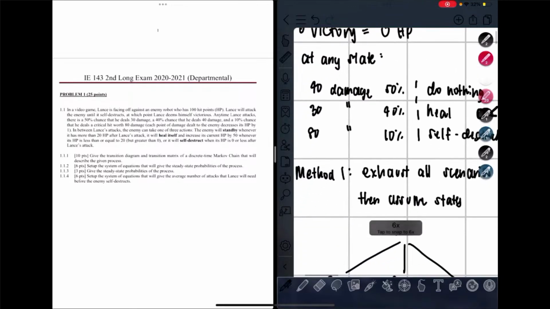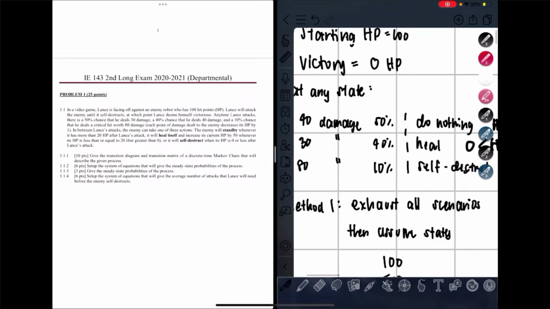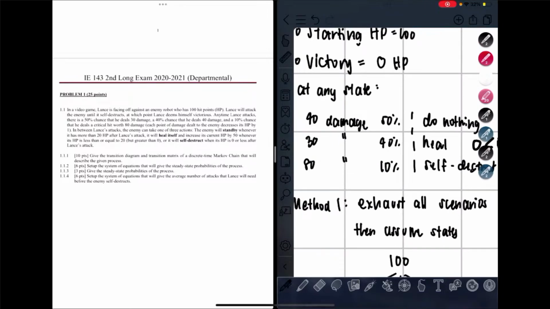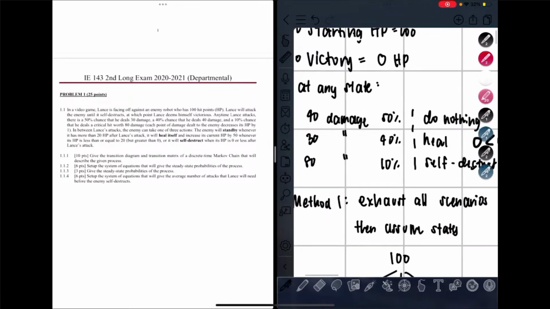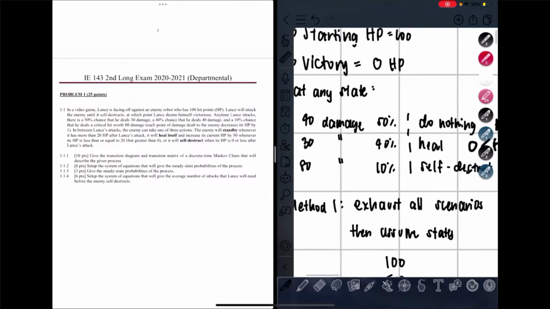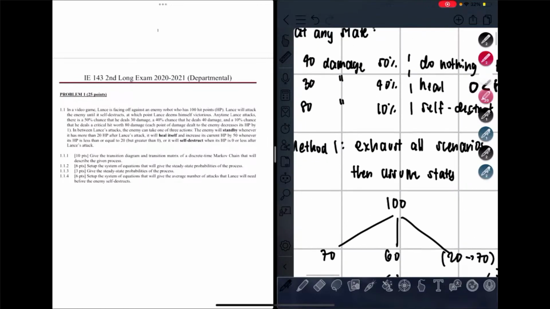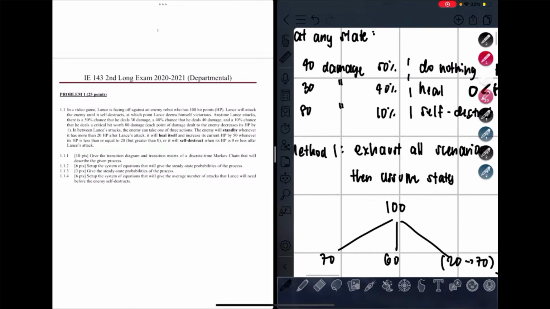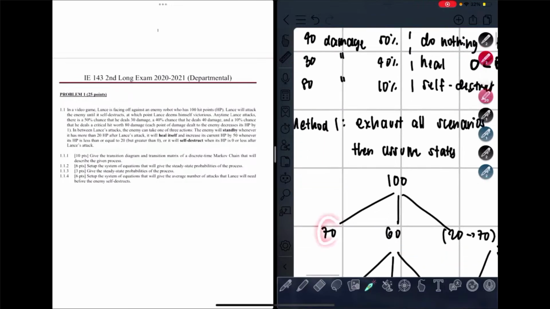So in this case, start with 100. Just don't put probabilities into it yet. Just think of the scenarios. From 100, it can be reduced by 40, 30, or 80. So the possible hit points become 70, 60, or 20.